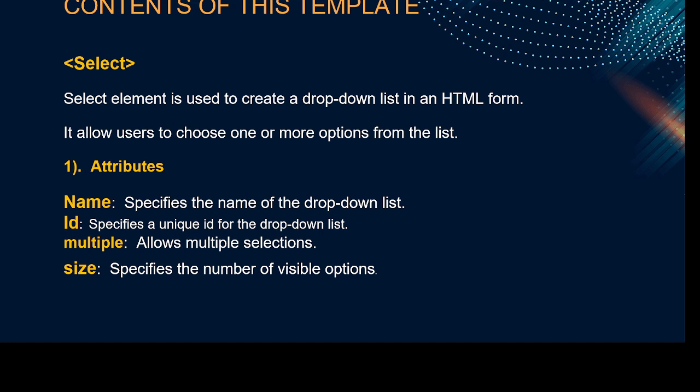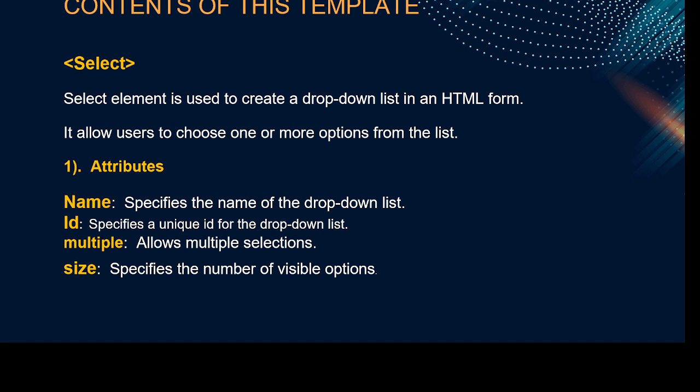And ID gives the select a unique identifier, so you can have a selector for style, or maybe you want to put labels by ID. It specifies a unique ID for the drop-down list. Multiple allows the user to select multiple options.